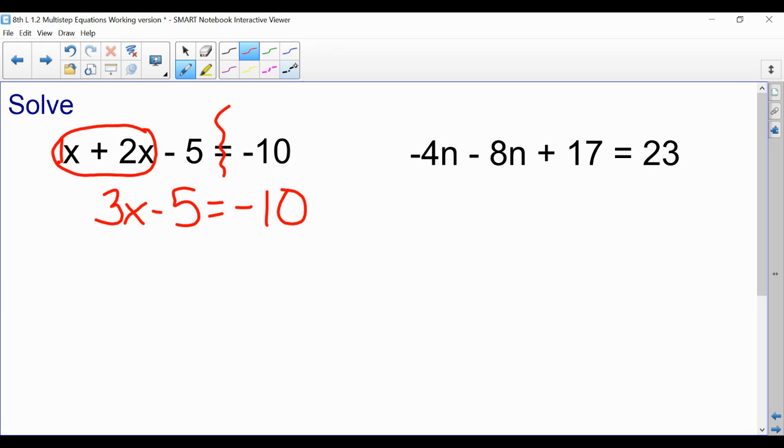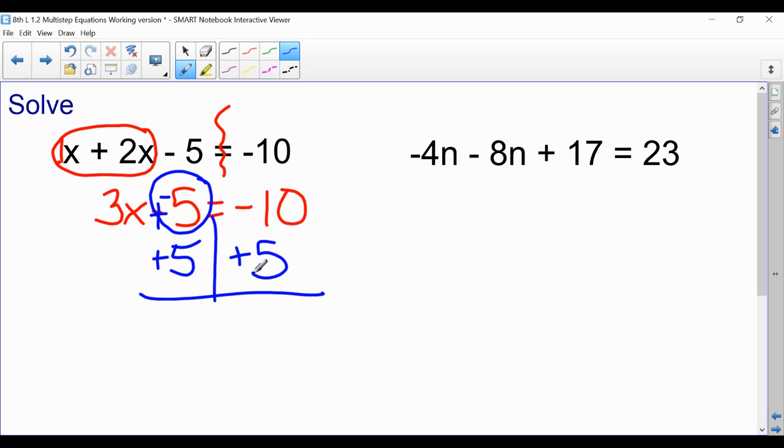So now here's my two-step equation. I'm going to add a line, change the sign, and this is my constant here, negative 5. So underneath I go positive 5 and positive 5 on both sides of the equation. That cancels out. I'm left with 3x equals negative 10 plus 5 is negative 5.